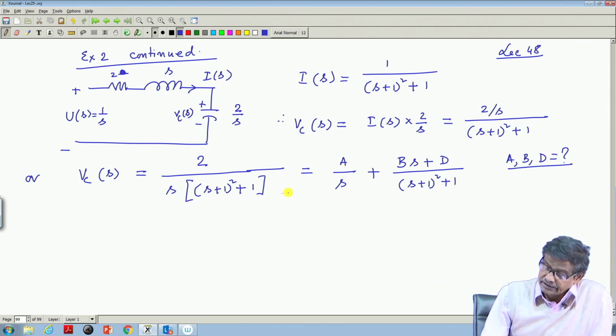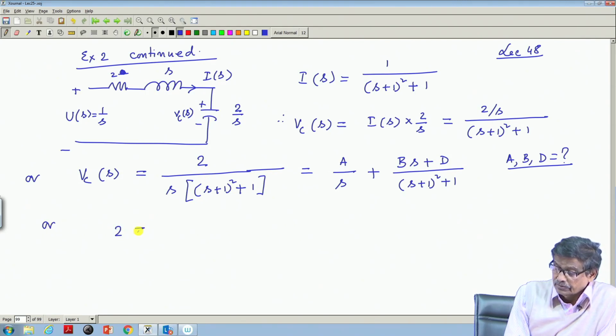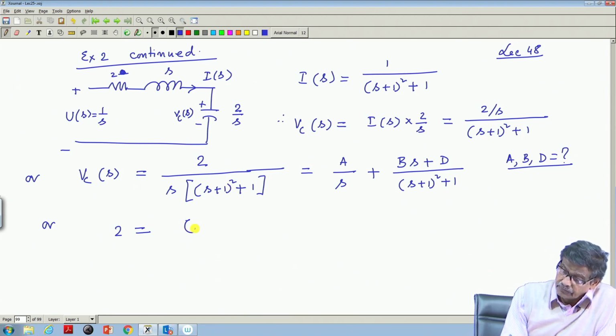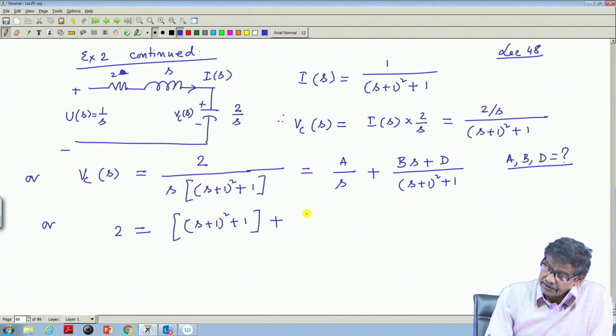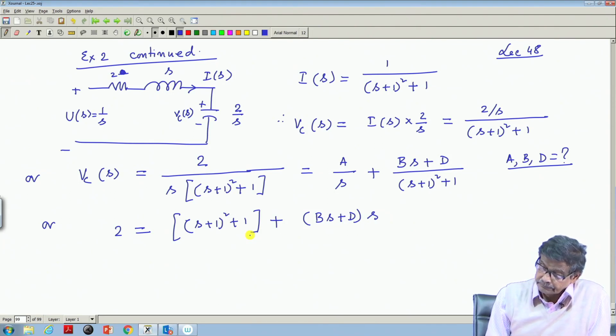You multiply both sides with the denominator, so you will get 2 is equal to A times (s plus 1) whole square plus 1, plus, since this s cancels out, (Bs plus D) into s only, because the other factors will go.